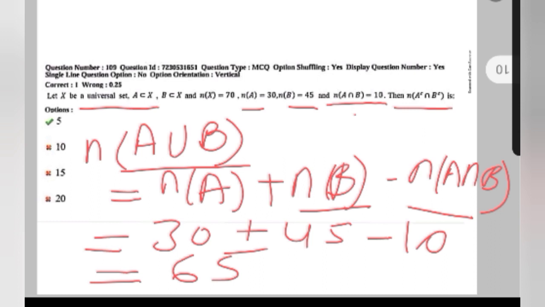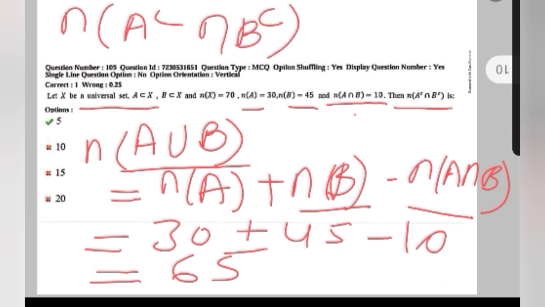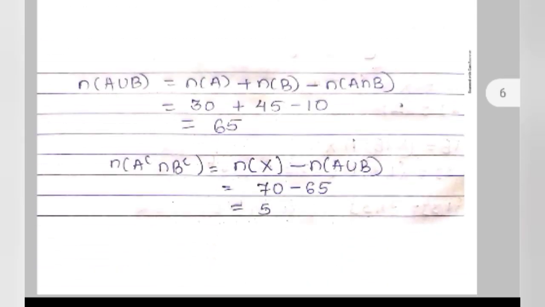Next, what do we have to calculate? We have to calculate the number of elements in A complement intersection B complement. First of all, I have calculated the number of elements in A union B, that is 65.